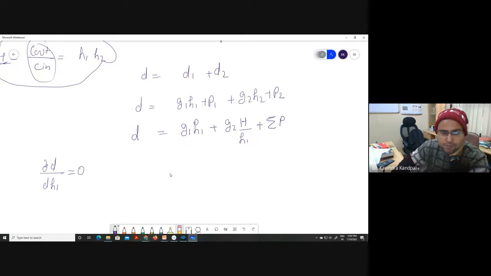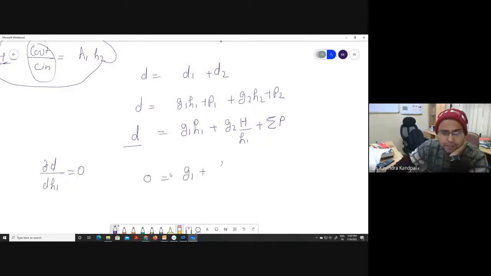Then you will get the value of H1, or a relation which will give you the least value of the delay. Yes or no? This is what you do in order to find maxima and minima. Yes, sir. So if I do so, and I keep del D by del H1 equal to 0, then what will I get?